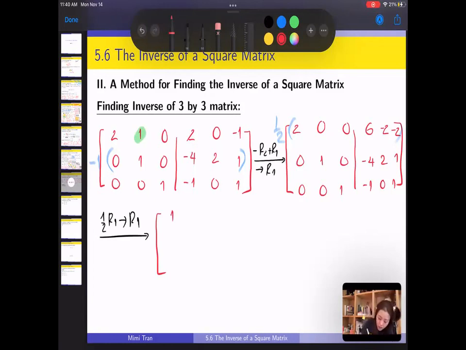So 1 here, and 1/2 times 0 is still 0, so 0 here, 0 here. On the right side of the vertical line, 1/2 times 6 is 3, -1, -1. And then the last 2 rows stay the same.